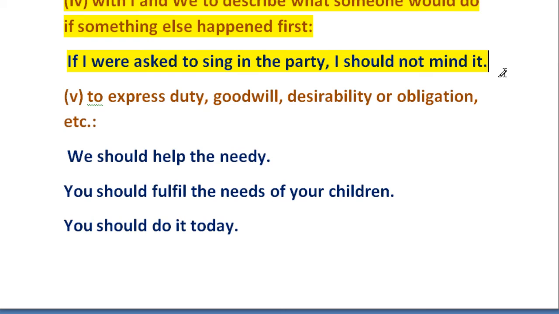Here in this sentence, shall has been used with I to describe what someone would do if something else happened first. If I were asked to sing in the party, I should not mind it. If we were asked to resign, we would not mind it. We would resign.